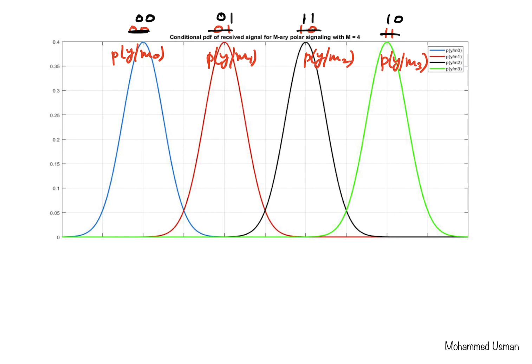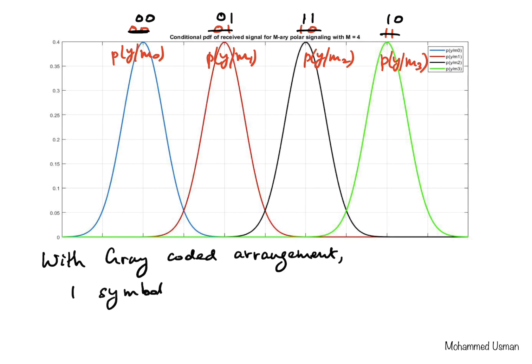So with gray coded arrangement, one symbol error would translate to one bit error.